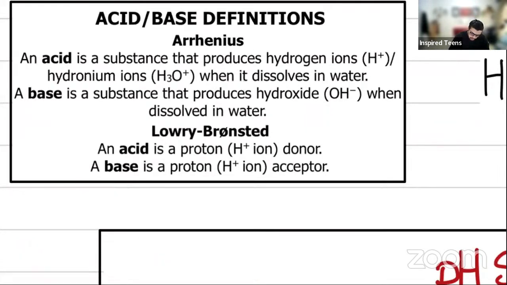Lowry-Bronsted states that an acid is a proton donor, and a base is a proton acceptor. A proton is an H plus ion.